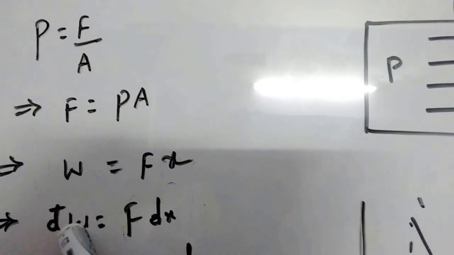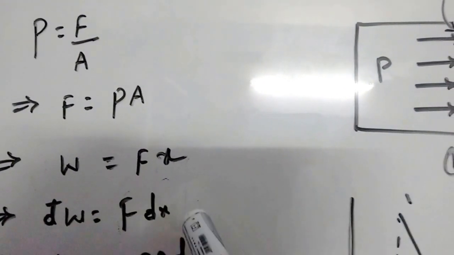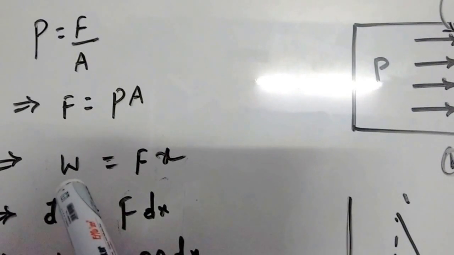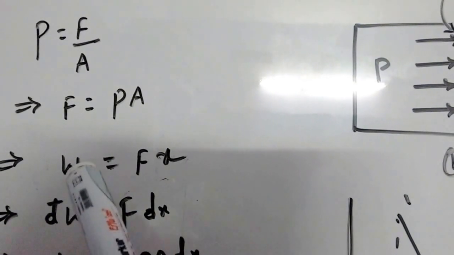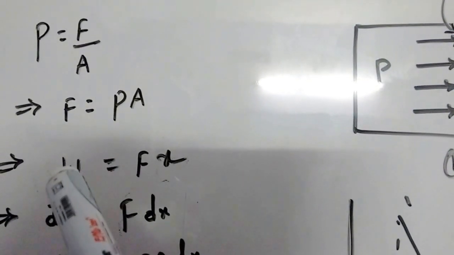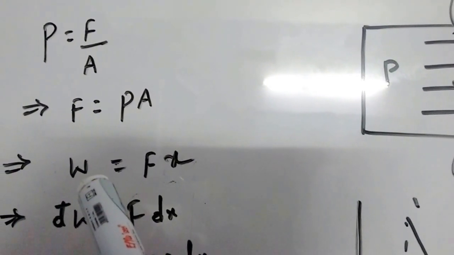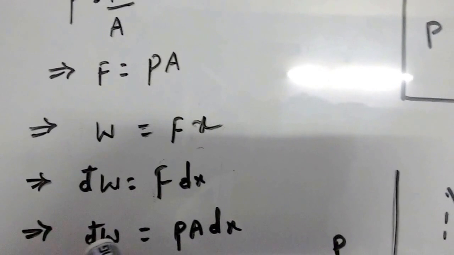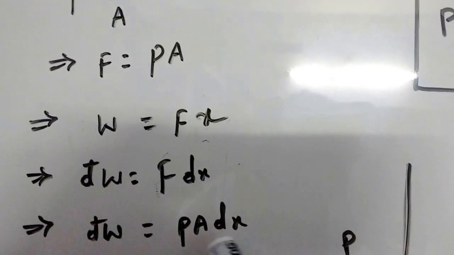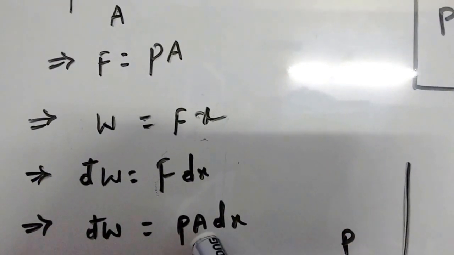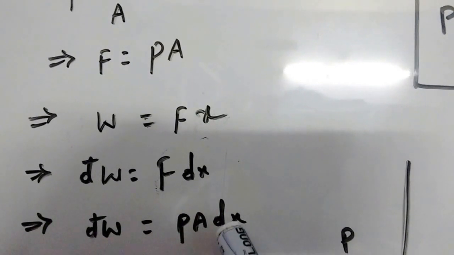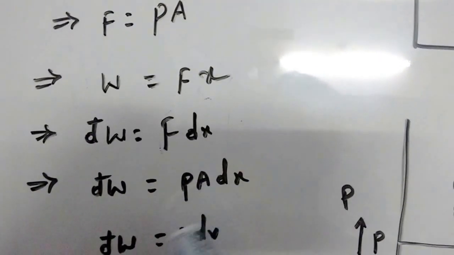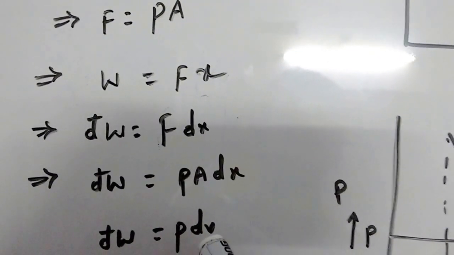Therefore, dW is equal to F into dx, where this bar on dW indicates it is an inexact differential or a path function. Work is a path function, therefore we can write it like this. Now dW is equal to P into A into dx, but A into dx, area into distance, means infinitesimal volume, means dW is equal to P into dV.